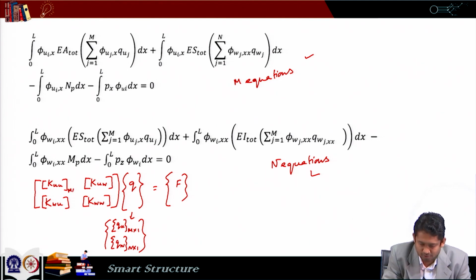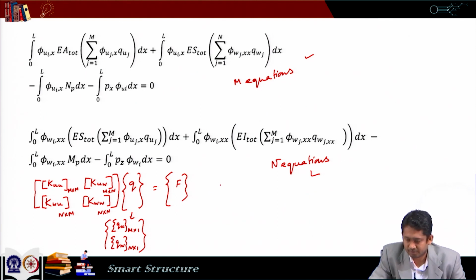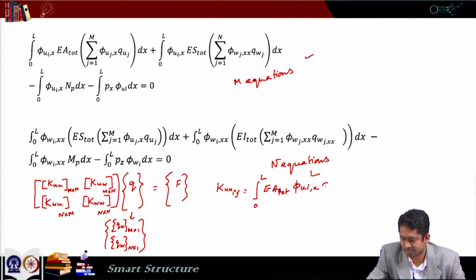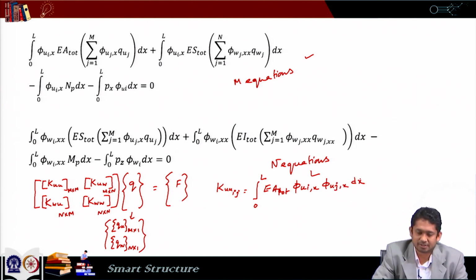Q u u is m by m, this is m by n, this is n by m, this is n by n. If we look at the ijth expression of q u u, this is integral 0 to L E A total multiplied by phi u i comma x, phi u j comma x dx, that we get from here.